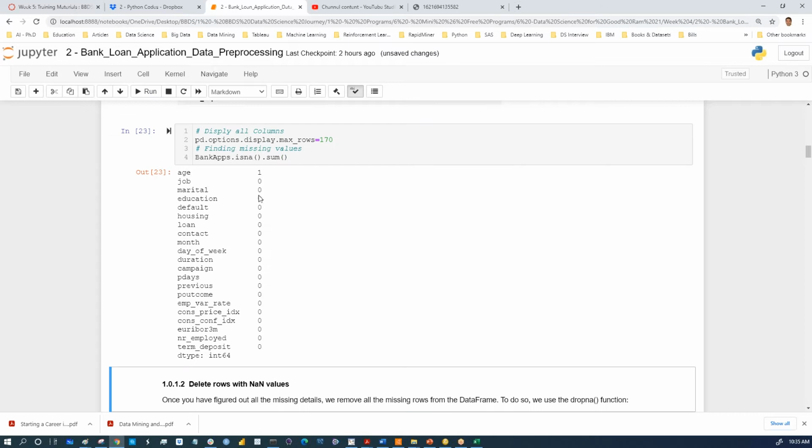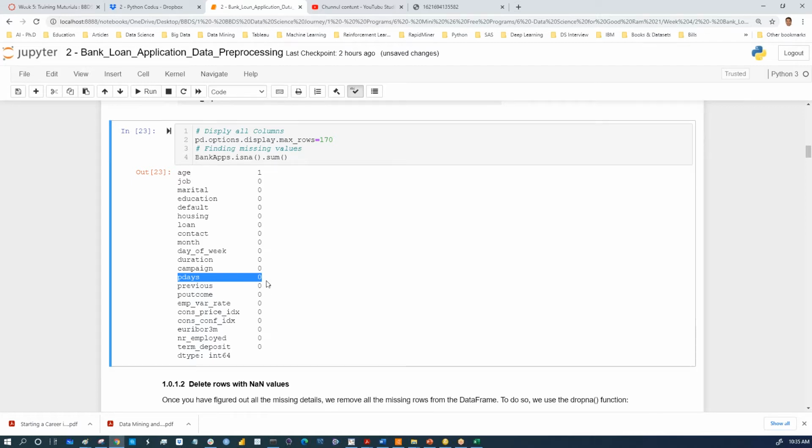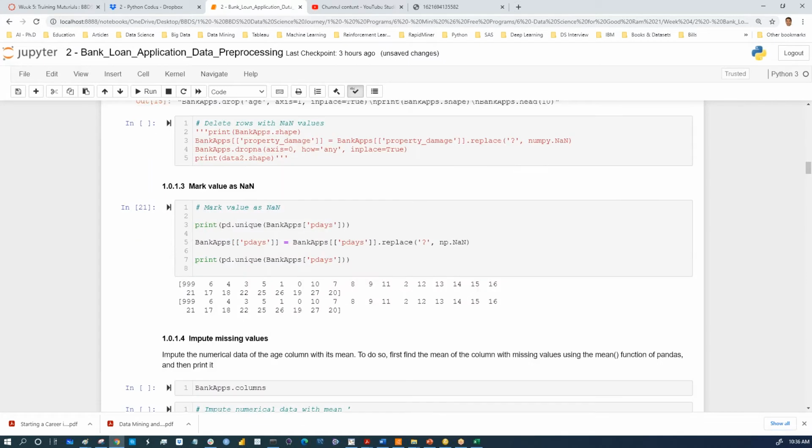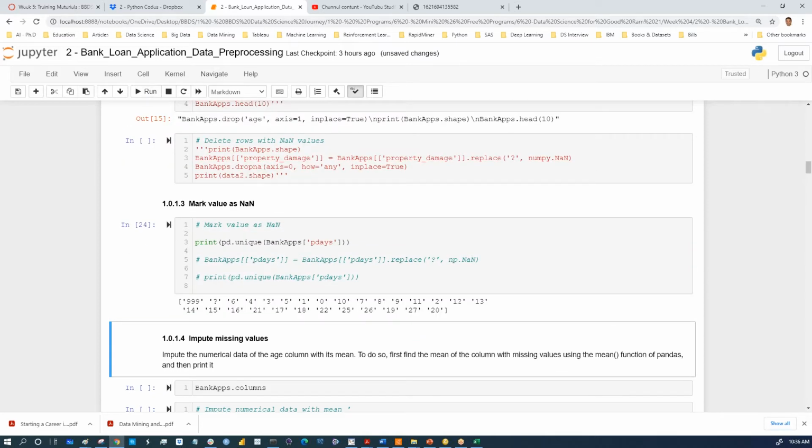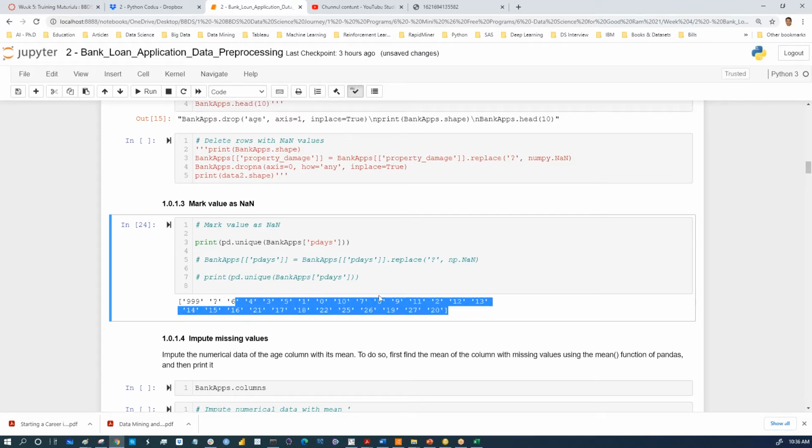As you see here, we have a missing value in pdays, but it's not detectable because we have something in the cell. If you run the unique values, you are going to see 99, a question mark, and values. So we want to replace this question mark with NA.